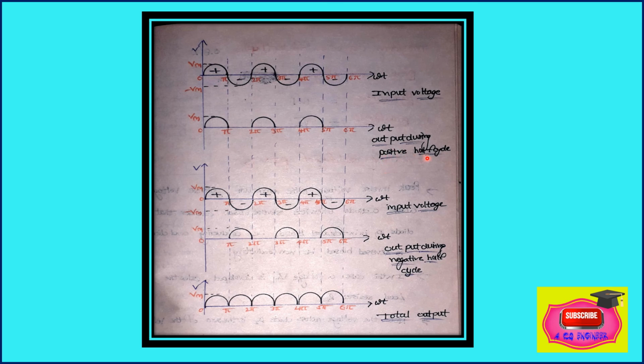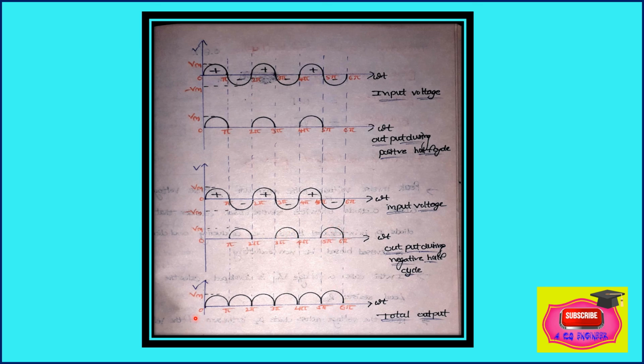When the positive half cycle, D1 and D3 are forward biased. When the negative half cycle, D2 and D4 are forward biased, and D1 and D3 are reverse biased. Hence the negative half cycle is also conducted, giving positive half waves in the output waveform.